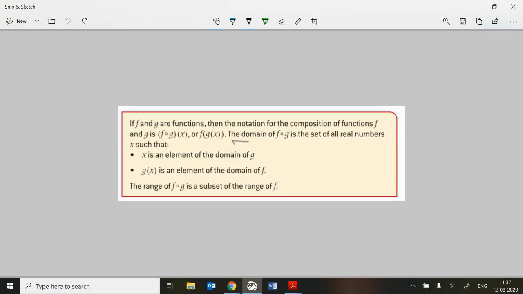Okay, and here it says the domain of f of g is the set of all real numbers x such that x is an element of the domain of g, and g of x is an element of the domain of f. Okay, now g of x, of course, is the range of g.